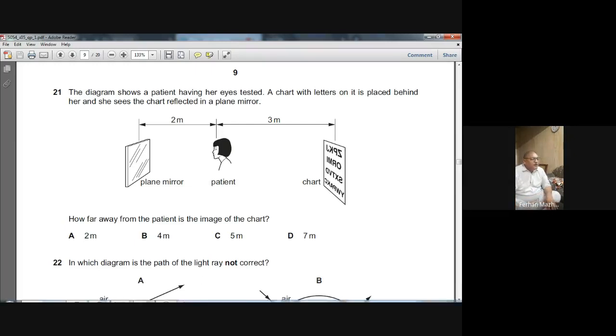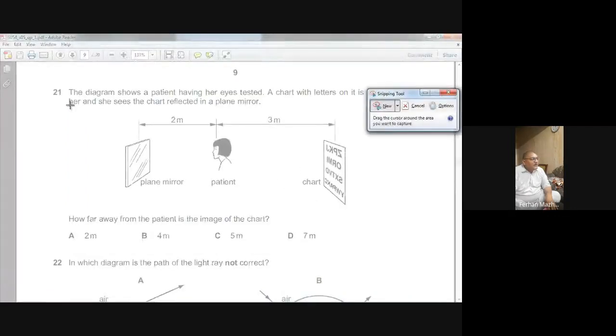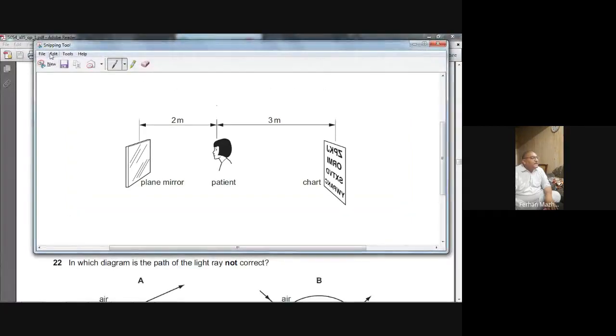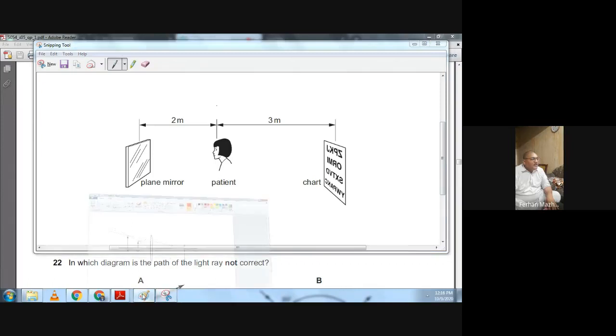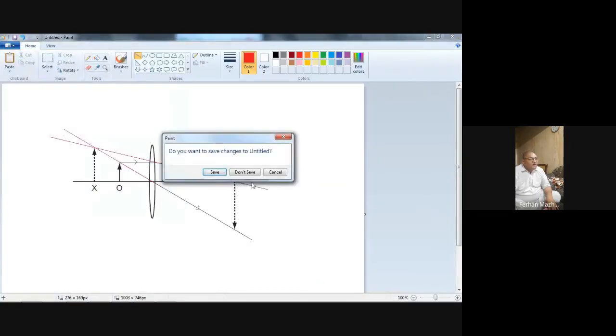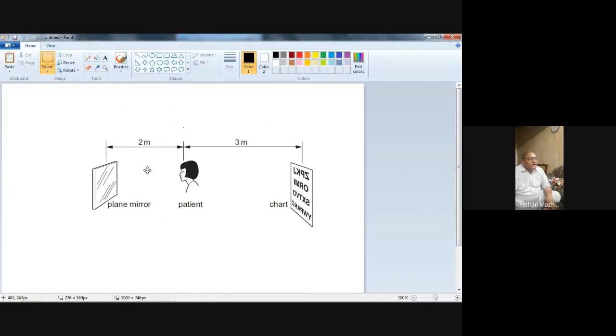Let me copy this diagram and paste it in Paint so I can work on it. Here we go.